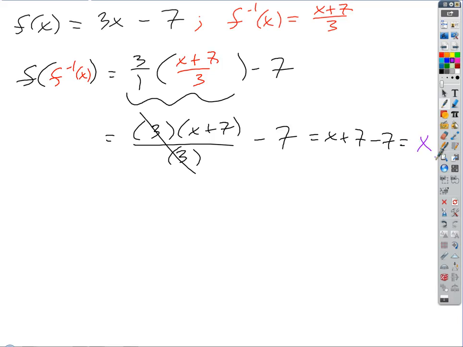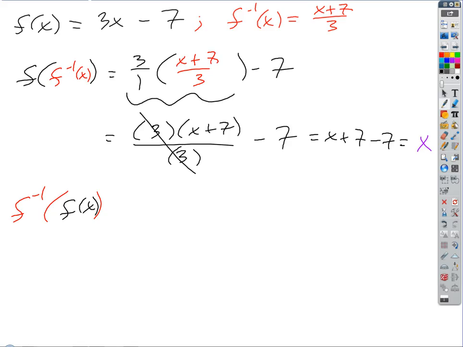Well, maybe that was an accident. Let's flip it around. Let's do the reverse composition. So this time we'll take the inverse function of f of x. Okay, so the inverse function, let's see, what was that?